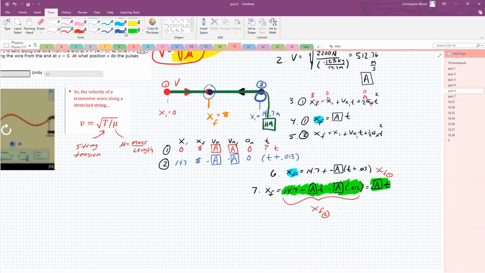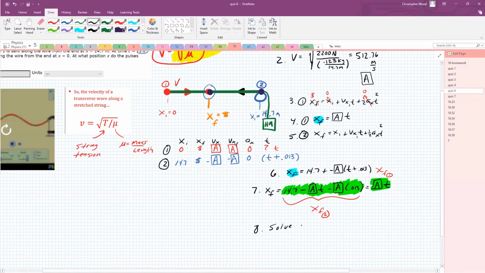So let's solve for T, then for XF. If I solve for T, look at number 7. I'm going to get 14.7 minus alpha A times 0.013, divided by 2 divided by alpha A. So I have T. I got my time.